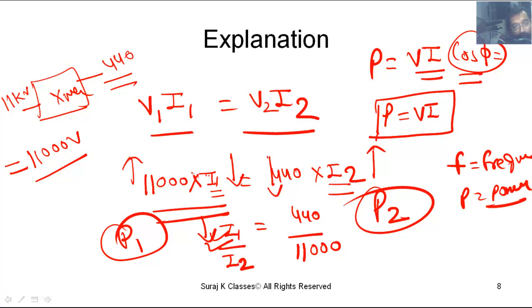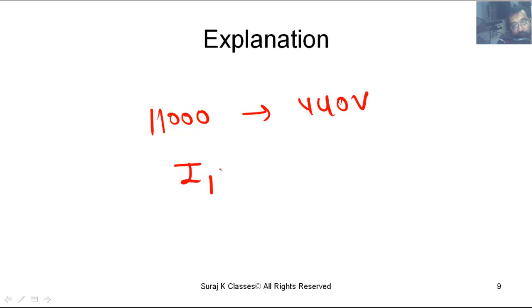So whenever you are applying 11 kV and getting 440, this does not mean that the transformer is a converting device that is converting your voltage levels, but it is a transforming device. It is putting your 11,000 volt to 440 volt, but at the same time the current I1, which is lesser here, is also getting increased here.